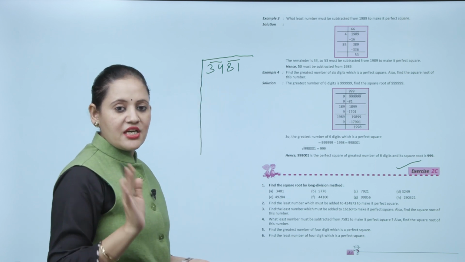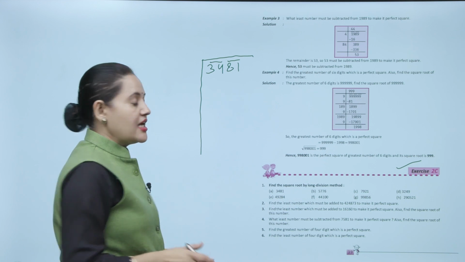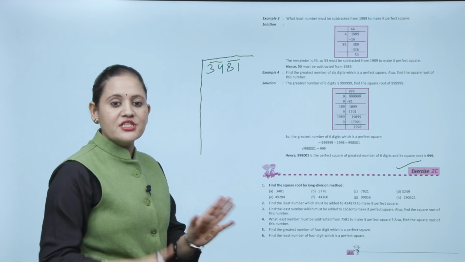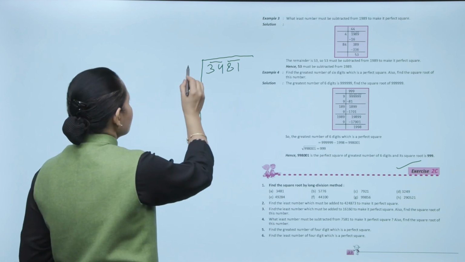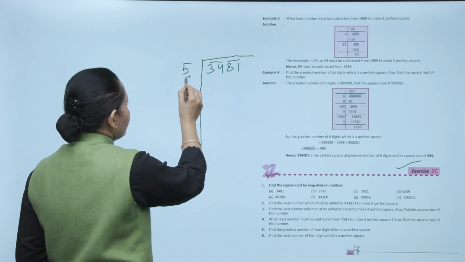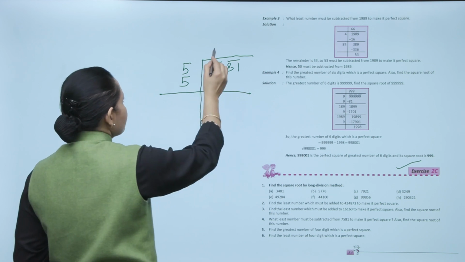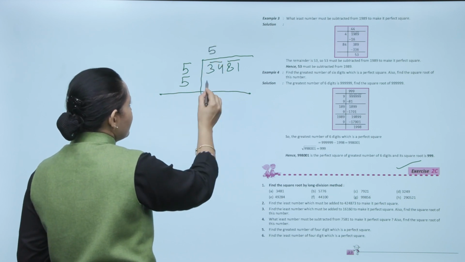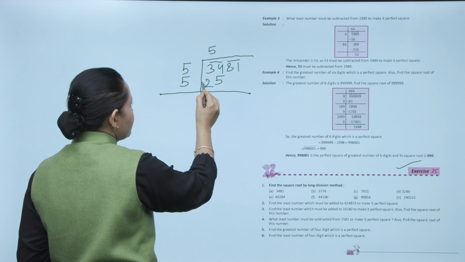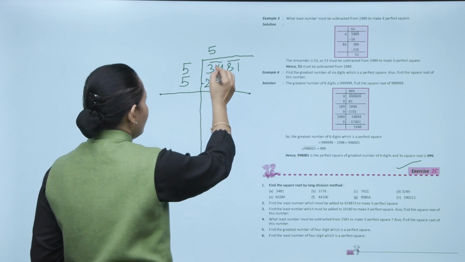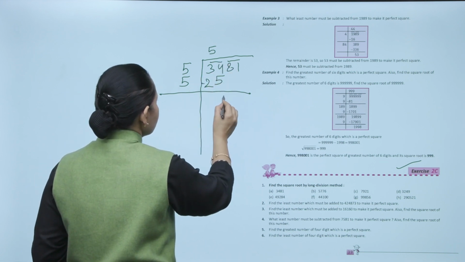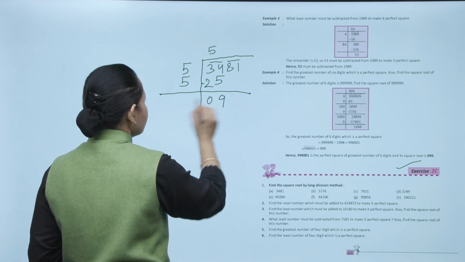So now we have to think of a number whose square is either equal to 34 or just less than 34. So 5, because the square of 6 is 36, that is more than 34. So write 5 here, 25. We will subtract, 14 remains, that is 9, and this becomes 0.